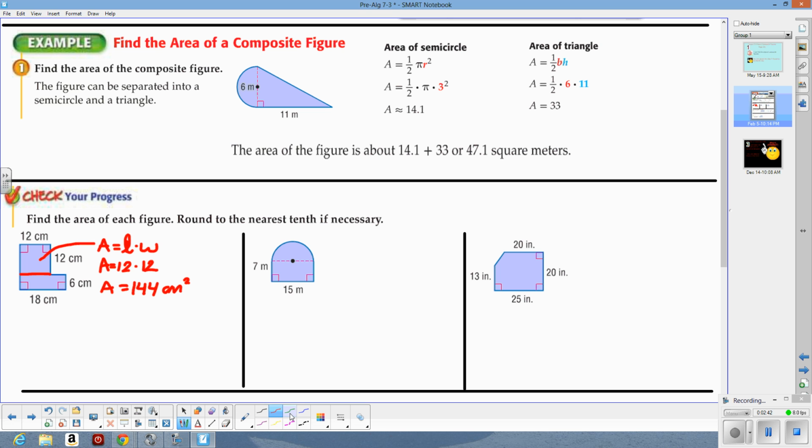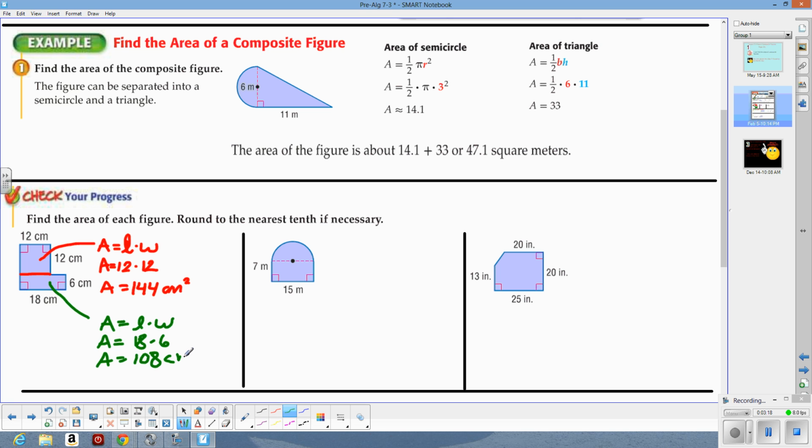And now I'm going to find the area of this rectangle down here. This rectangle area is also length times width. The area is going to equal 18 times 6. That equals 108 centimeters squared.